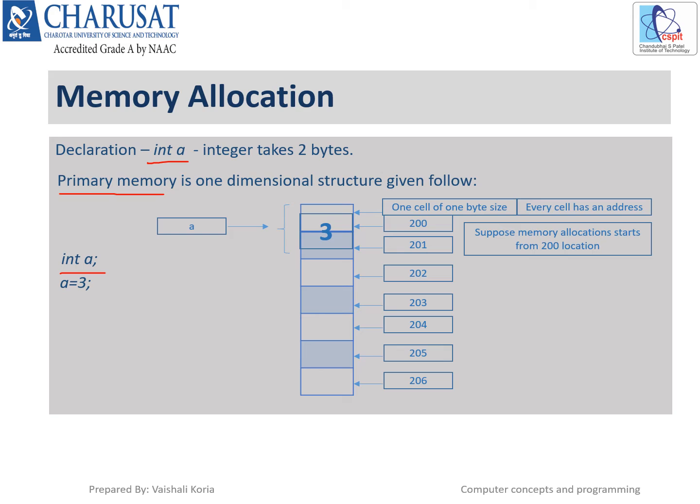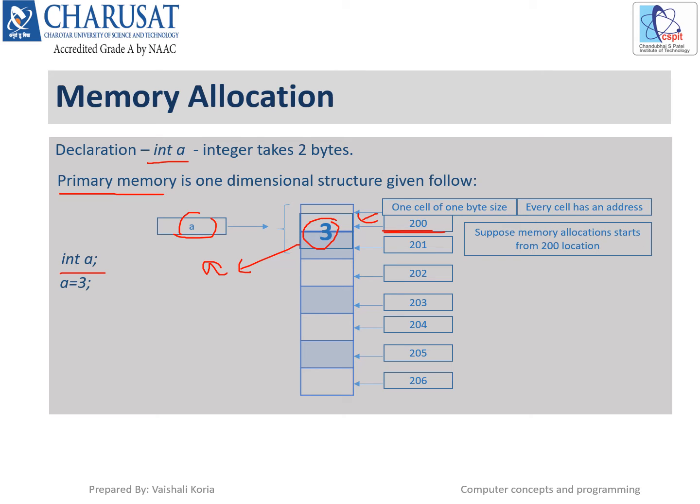Now in the program, if you want to access this 3, there are two ways. You can use the variable name. In your program, if you have written a, then this will be replaced with 3. Also you can access the value using the memory address. If you ask what the value of a is, it will be 3, and if you ask what value is stored at location 200, it is also 3.